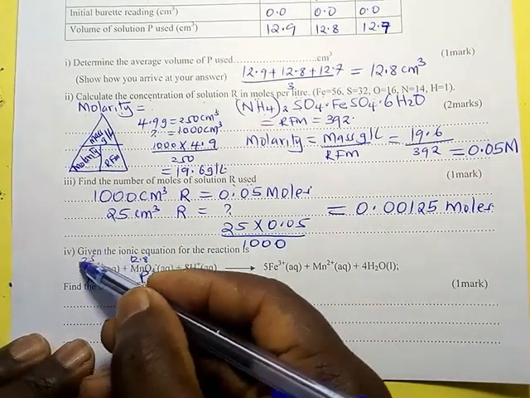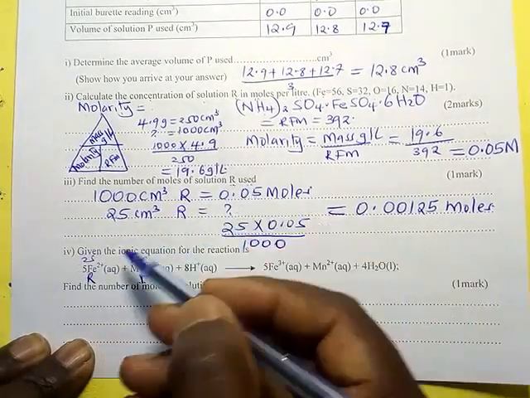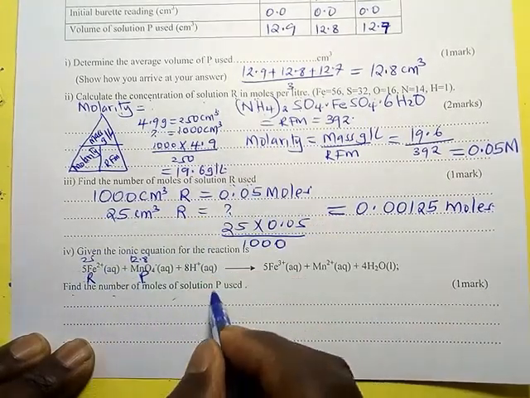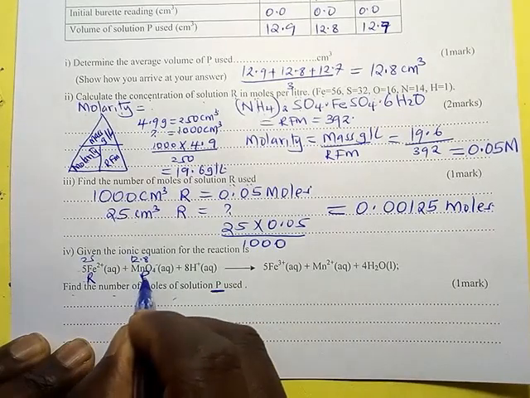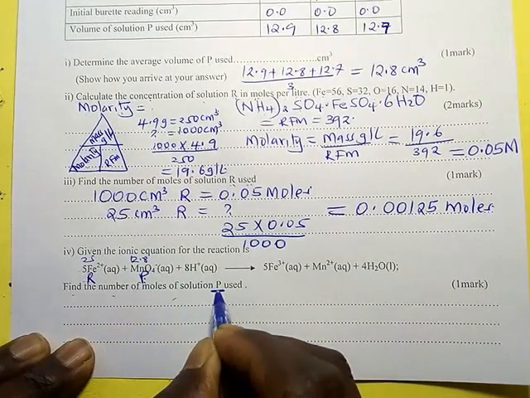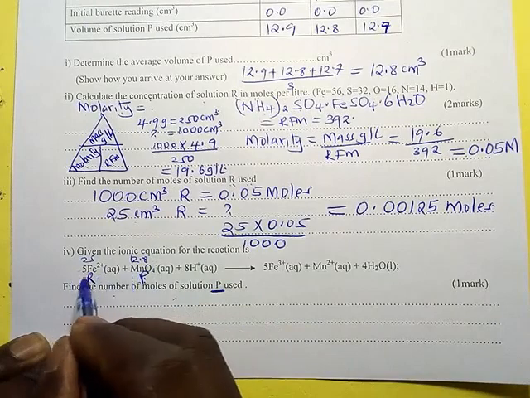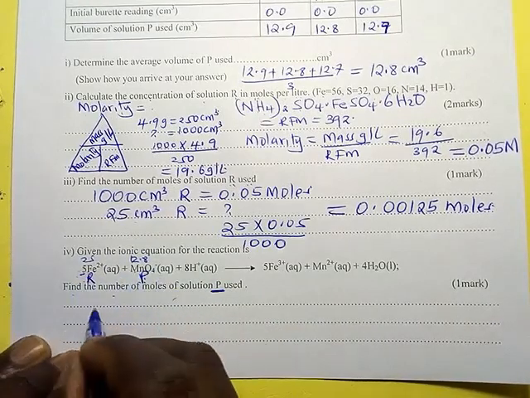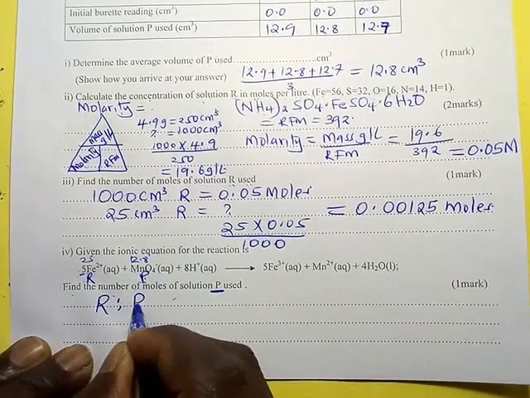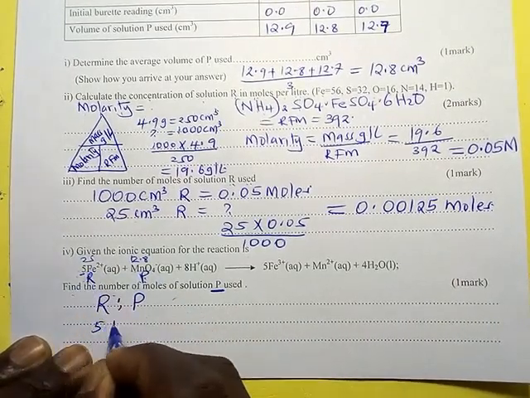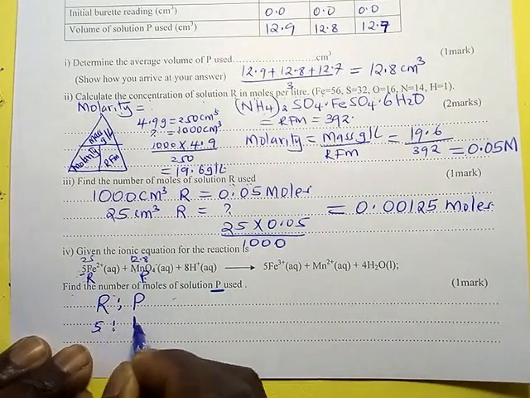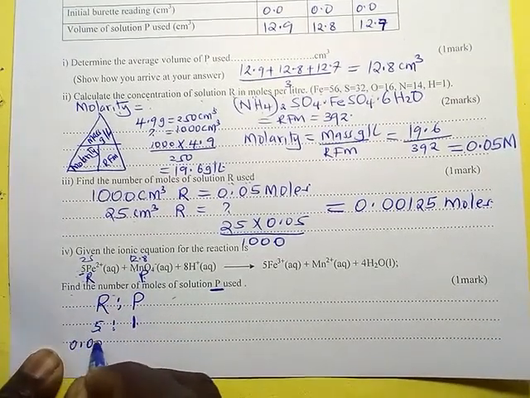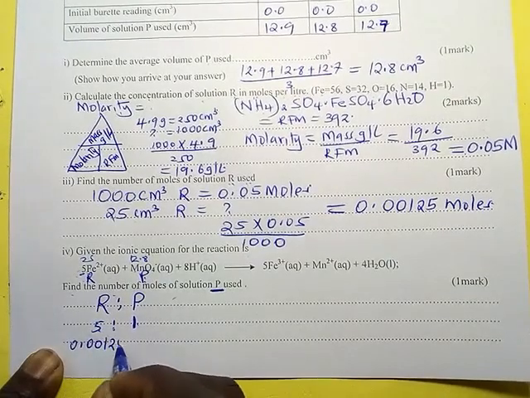Now we have the number of moles of the ion, R. We find the number of moles of solution P, which is this. We are going to use the relationship of the mole ratio. If I use R to P, R is 5, and P is 1. The ratio is 5 to 1. But we have the number of moles of R, which is 0.00125.